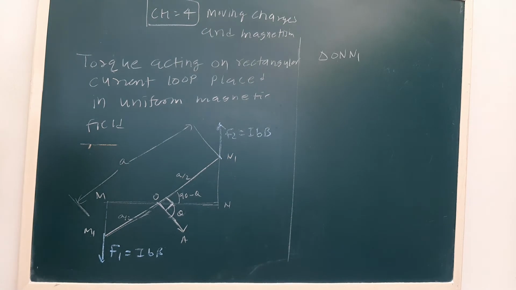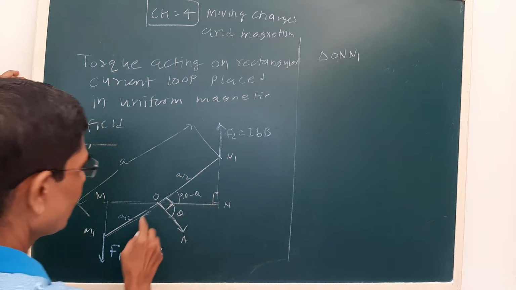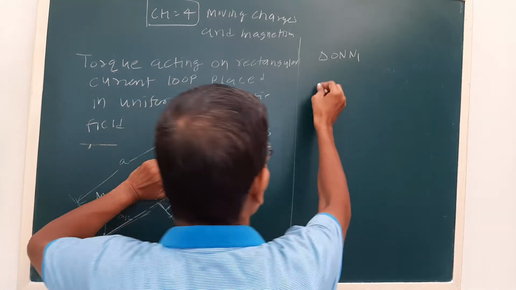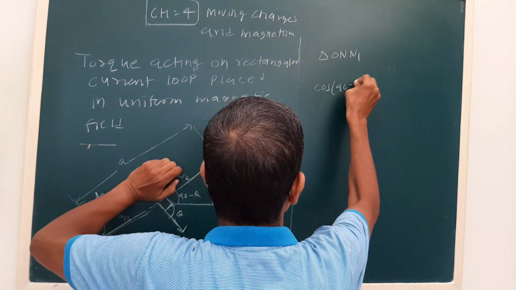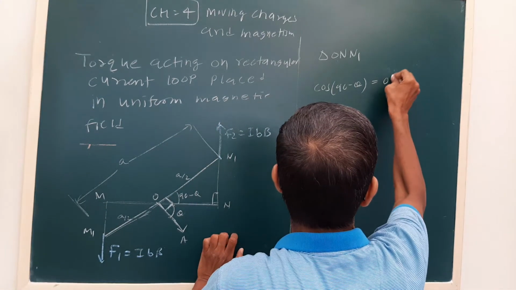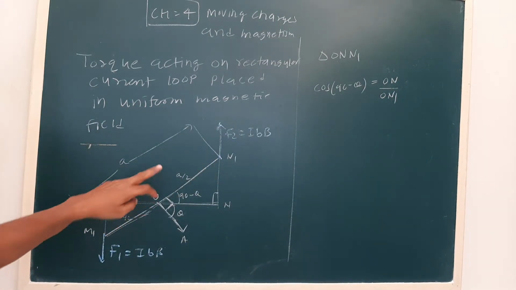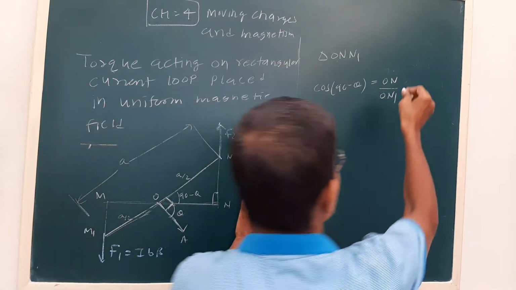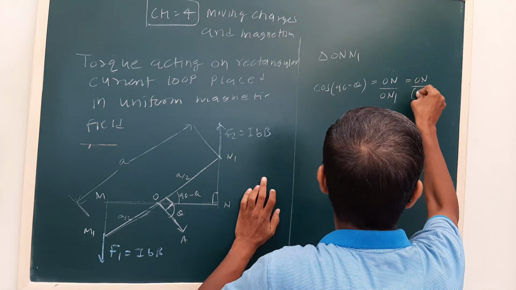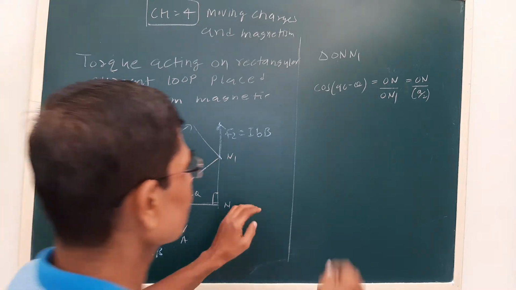Now let us say triangle ONN1. Now we know the trigonometric function, cos of 90 minus theta is adjacent, that is ON1. Now this ON1 is A by 2. Now cos 90 minus theta is sin theta, that is known to us.